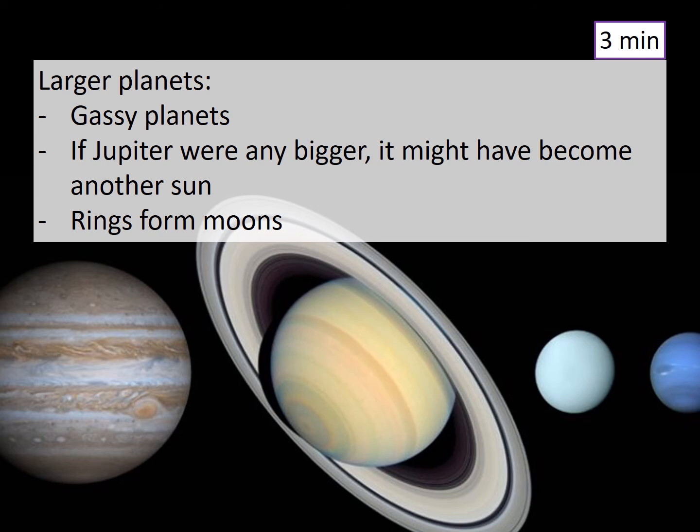So we know that Saturn has a lot of moons, and it's got more moons than we thought it did because we sent a probe up to see. A lot of this dust from Saturn's rings is coming together to form those moons.